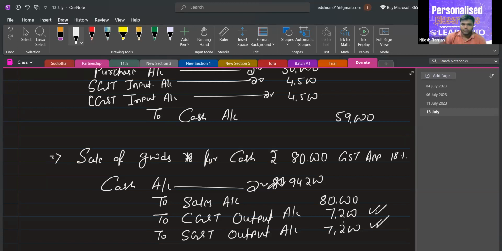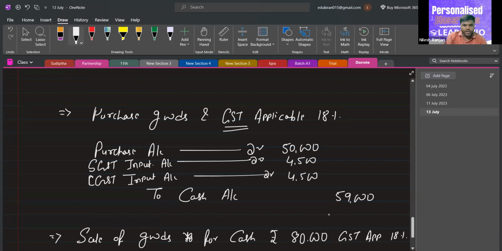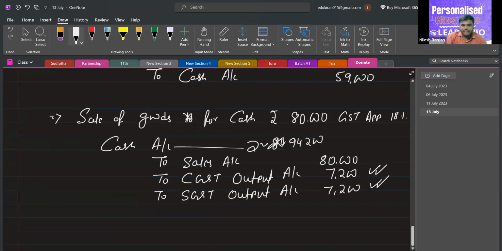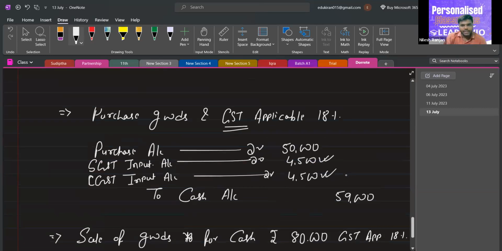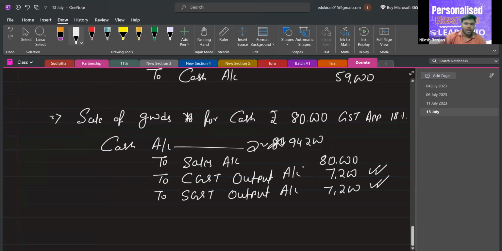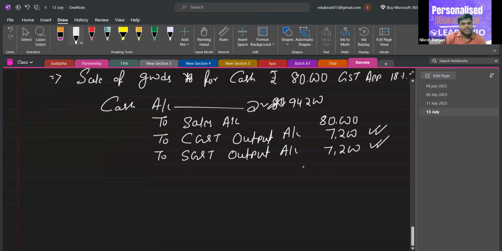And we are purchasing goods here, and we have already paid this amount to the shopkeeper. So we will deduct this amount from output tax. So input tax is deducted from output and then the amount is paid.